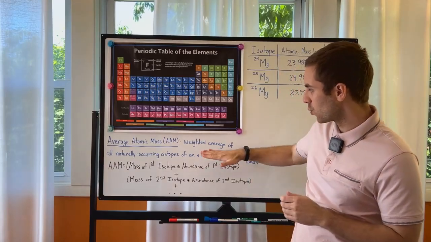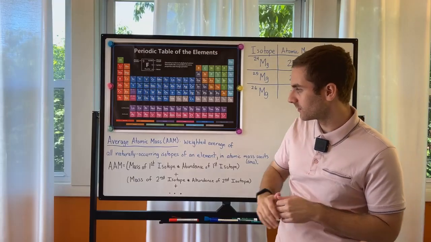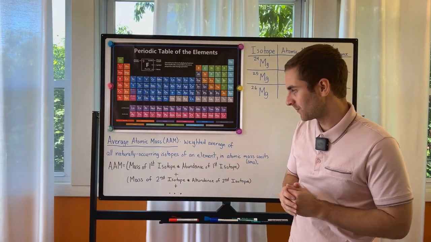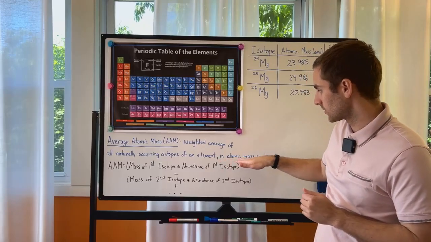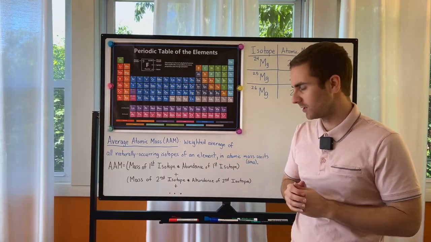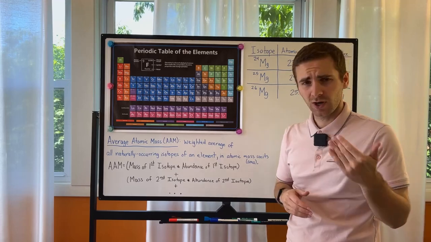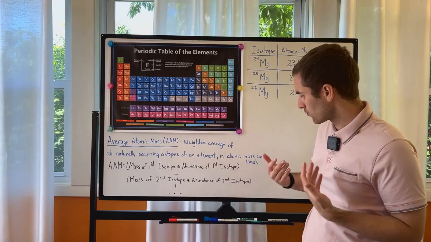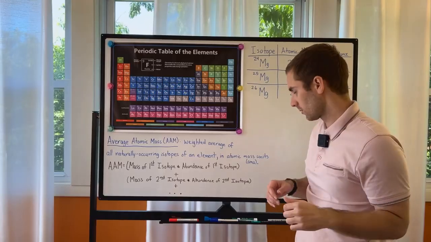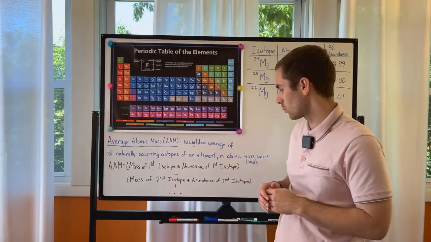It is the weighted average of all naturally occurring isotopes of an element. And it is measured in atomic mass units, or AMU, which is a very small unit of mass. A proton and a neutron are both each roughly 1 AMU. They're both a little bit more than 1 AMU, but very close to 1.